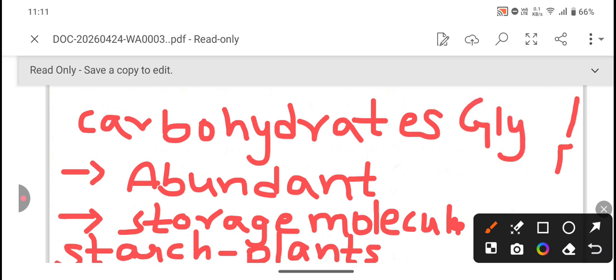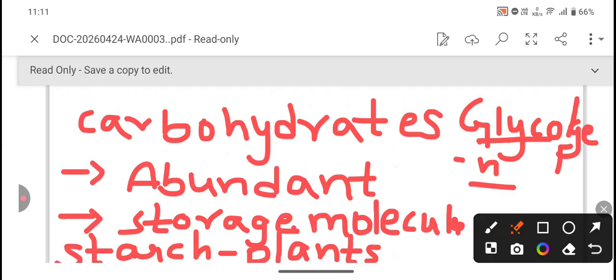So the carbohydrate has two kinds of stored form, one is starch and another one is glycogen. Starch is the stored form of carbohydrates in plants, and glycogen is the stored form of carbohydrate in animals.